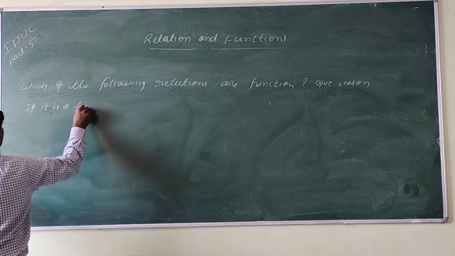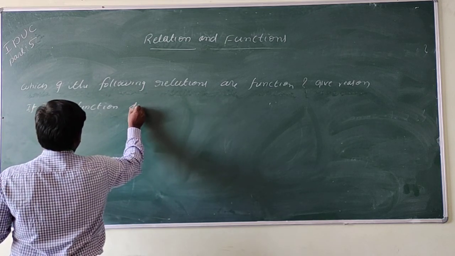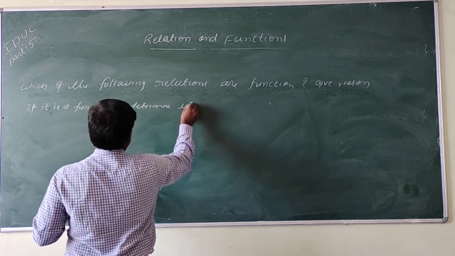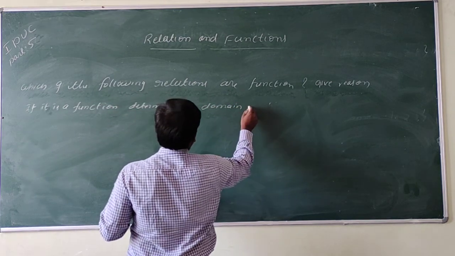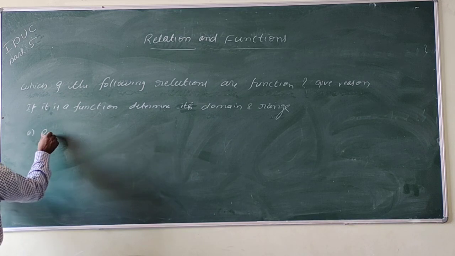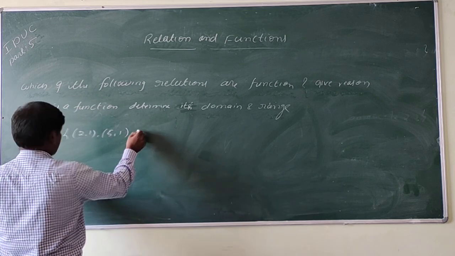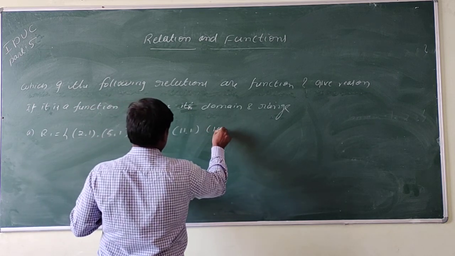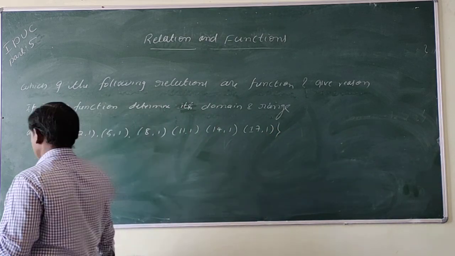If it is a function, determine its domain and range. The first one is R1 = {(2, 1), (5, 1), (8, 1), (11, 1), (14, 1), (17, 1)}.